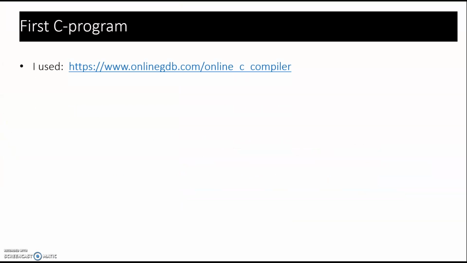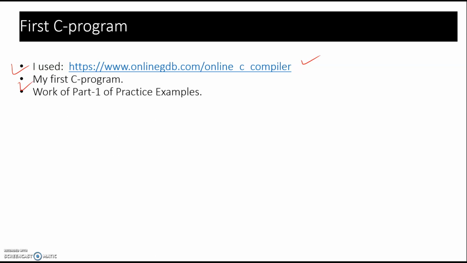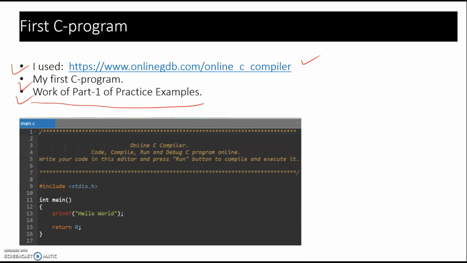Now here you can see I have used this online compiler for writing my first program. My first program is shown here, and then you can write practice examples using the online simulator. So here I have presented my first example.